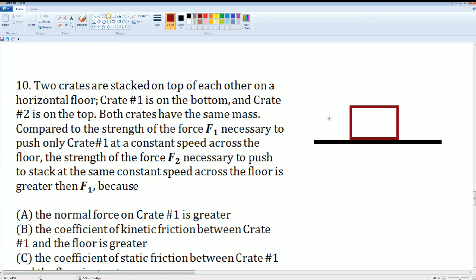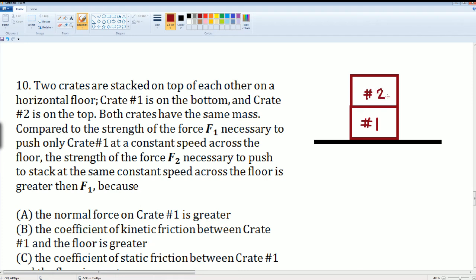So let me try to draw them with the same mass. Here we have crate 1 on bottom, so this is number 1. And this is number 2.